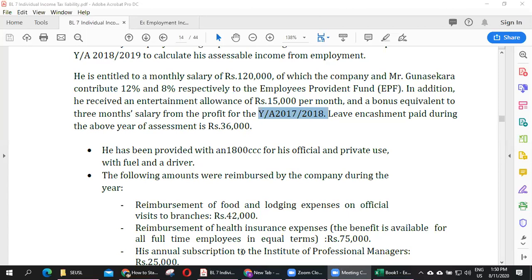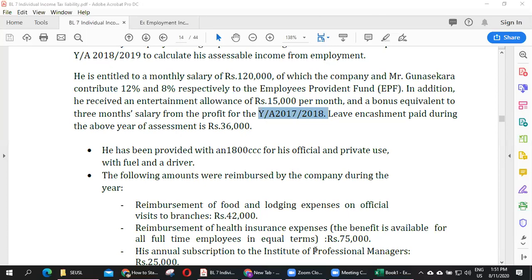Right, sorry for the interruption. The bonus we have to take into the calculation because we consider bonus on a cash basis. At the time of receiving the payment, only then do we realize it as income.